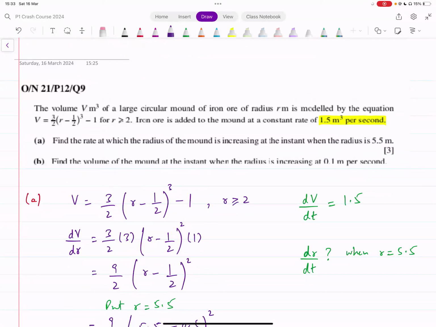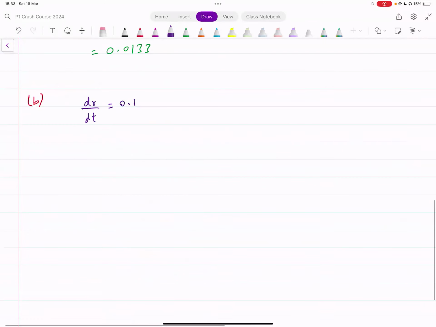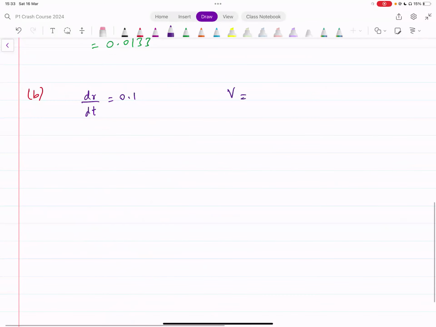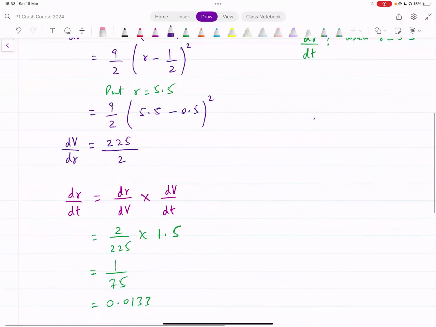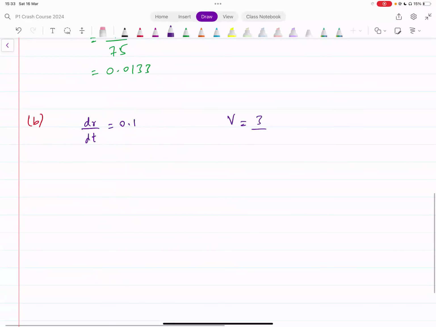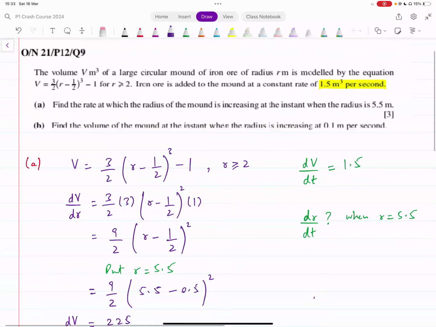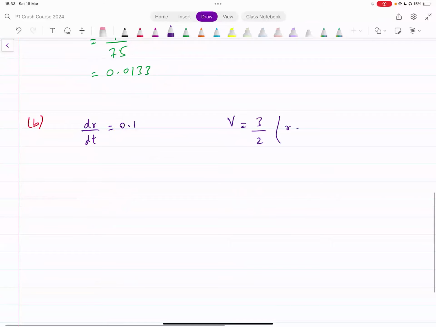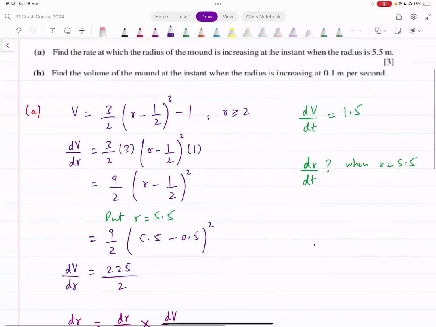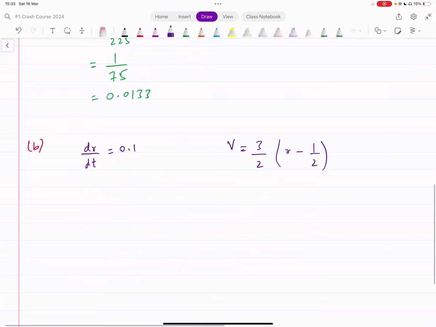At this instant, we want to find the volume. What's the volume formula? The volume formula is 3 over 2 into r minus 1 over 2 whole raised to power 3 minus 1.